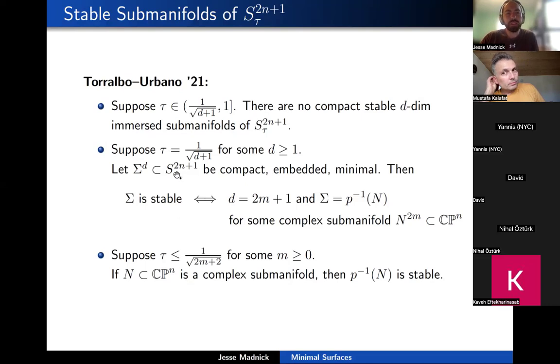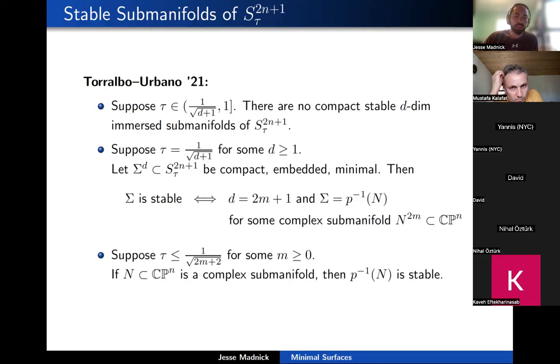So if tau is strictly bigger than this number, then there are no compact, stable, immersed submanifolds of dimension d. But when you're at this critical threshold, it turns out that there are stable minimal submanifolds, and they are precisely these. They're the pre-images under the Hopf fibration of complex submanifolds.